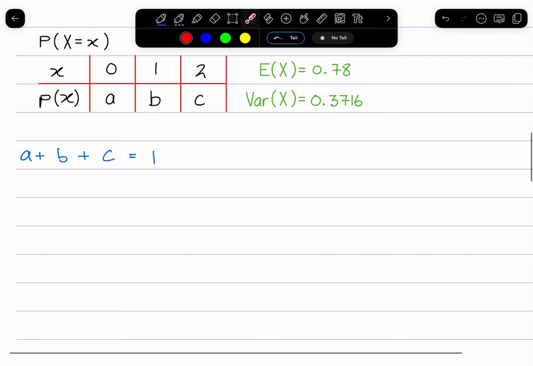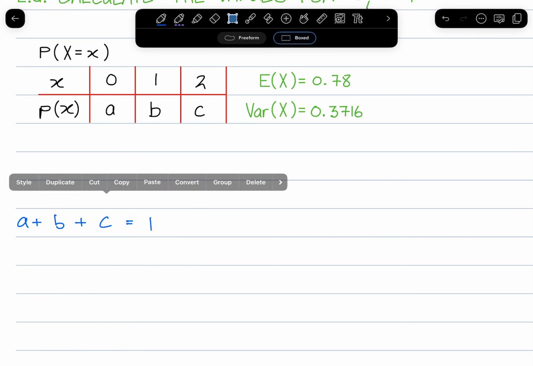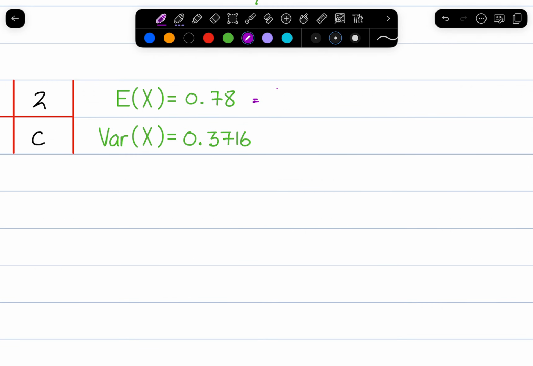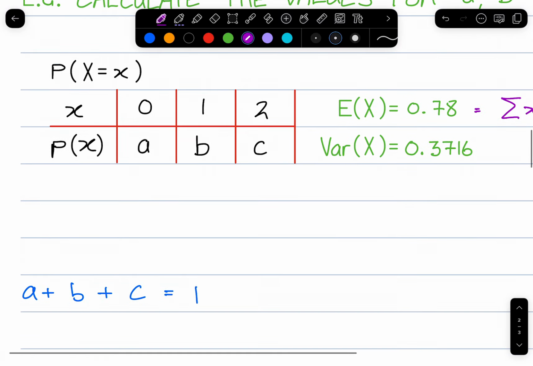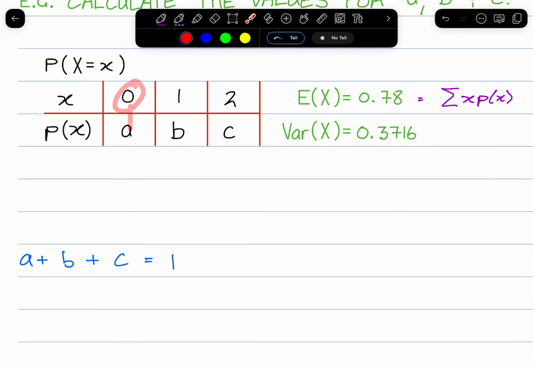Okay, so now let's use the next bit of information, the expected value. The expected value, if you guys remember the formula, is equal to the sum of every x value multiplied by its corresponding probability. So doing that, it'll just be 0 times A, that's 0.